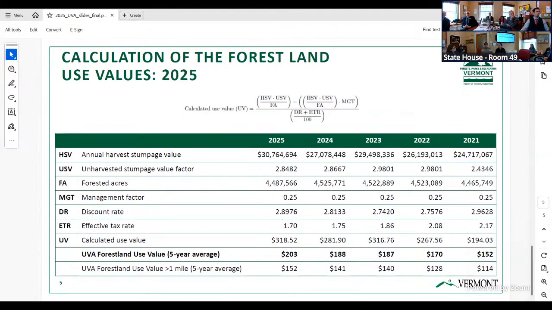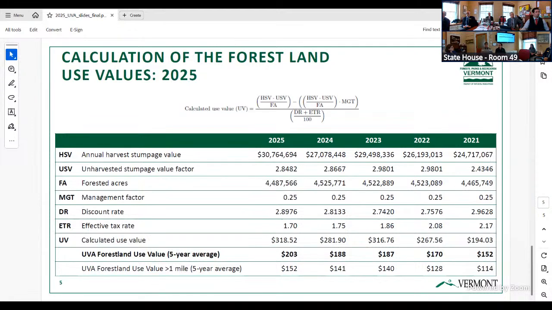Historically, early on in the program, there was an effort to be really precise and focused on the income generation potential of different sites. Based on site class and soil productivity, there would be three or four different use values for forest land. One for really rich soils that are growing balm or sugar maple, a different use value for wetlands that have limited or no potential to grow saw timber.